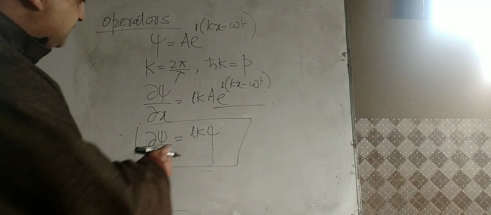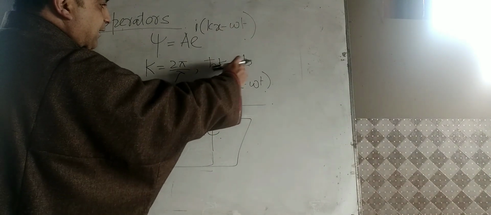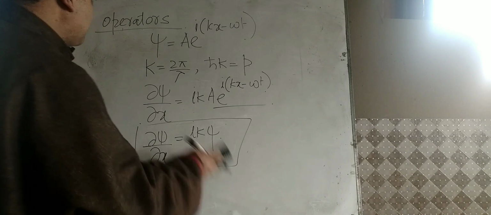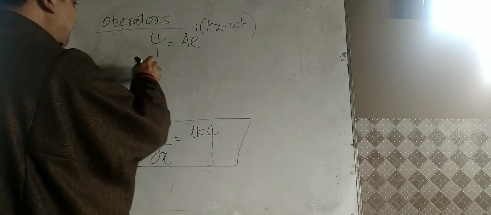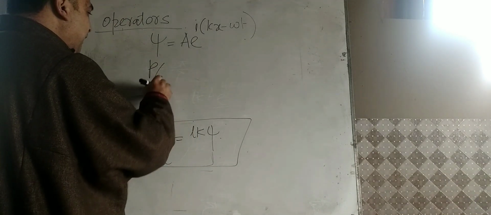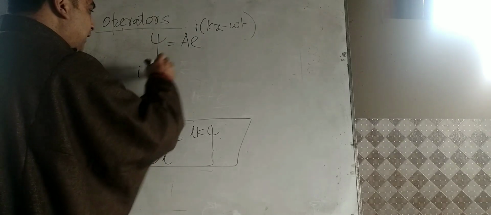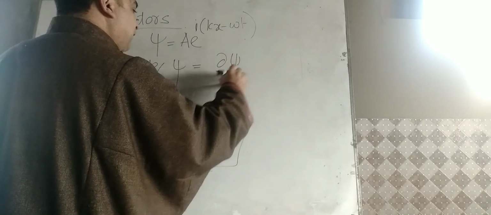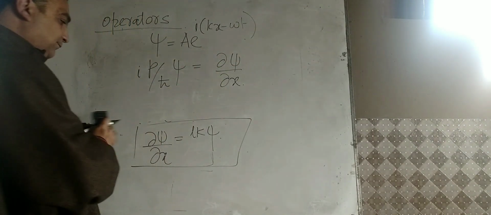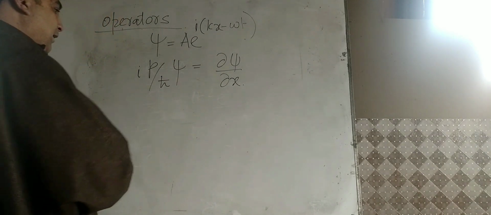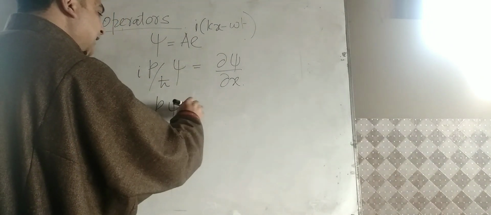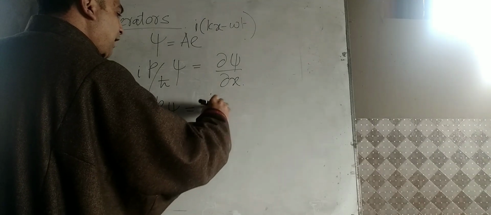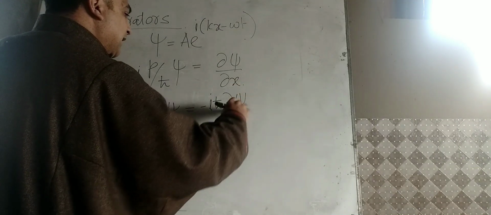You can see that this k can be replaced by momentum by h bar. So I will write here p by h bar i psi is the partial derivative of psi with respect to x. So we can write here p psi is minus i h bar del psi by del x.